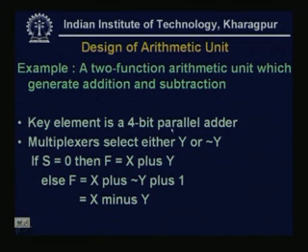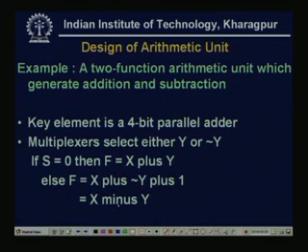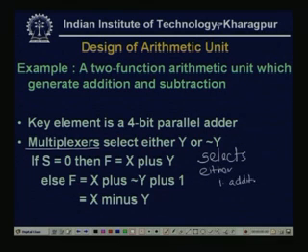Here the key element is a 4-bit parallel adder, and as the module does the addition or subtraction, for that we need one multiplexer, which selects either addition or subtraction.